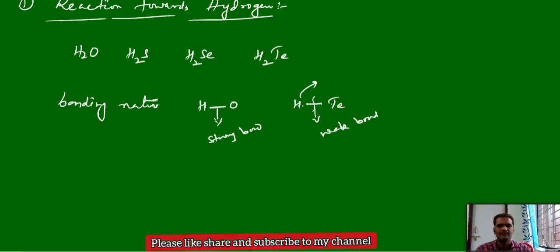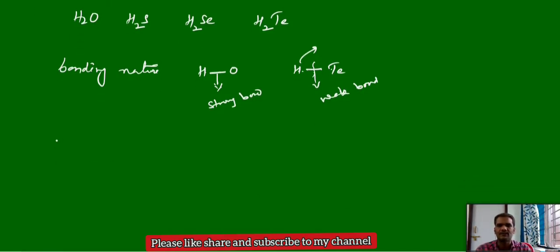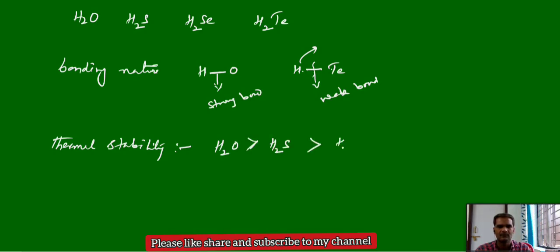We can write these points here. First one, thermal stability. Thermal stability from water to hydrogen telluride decreases, through selenium and tellurium.